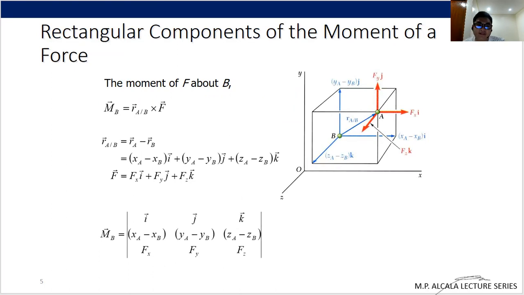We have identified this on the distance formula, remember? R_A minus R_B is simply the vector distance between the two points A and B. This is necessary in order for you to get the unit vector, the directional vector of your moment.